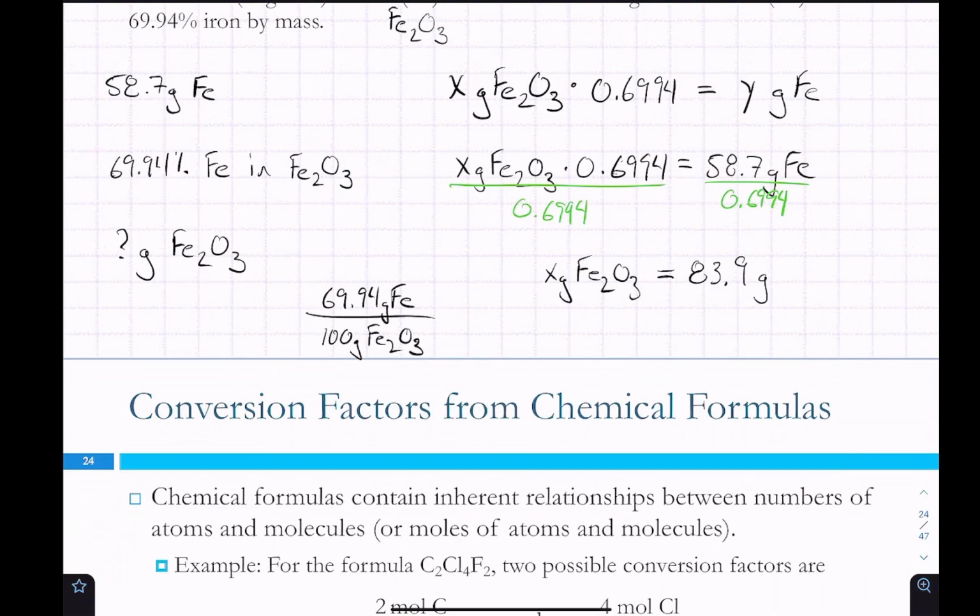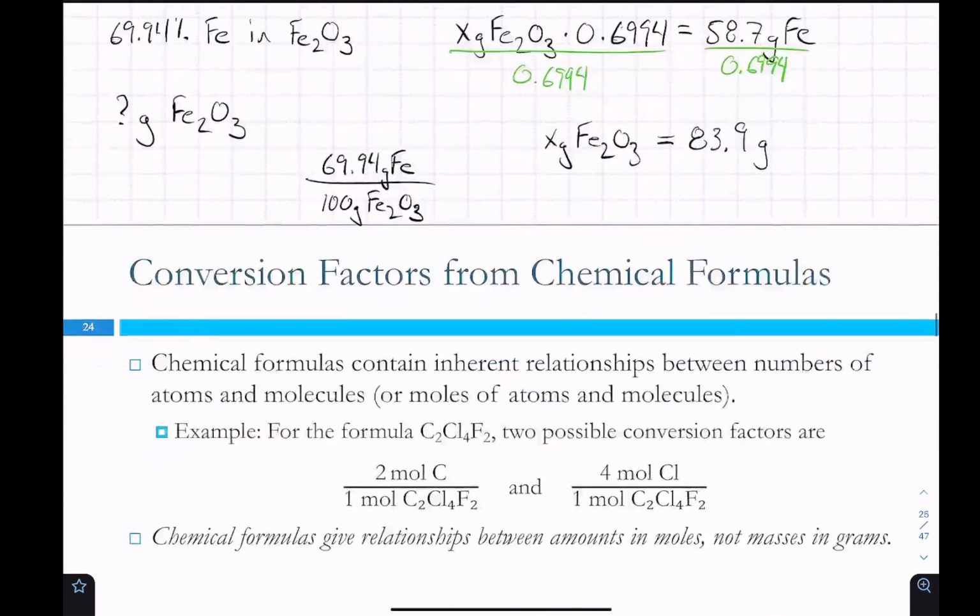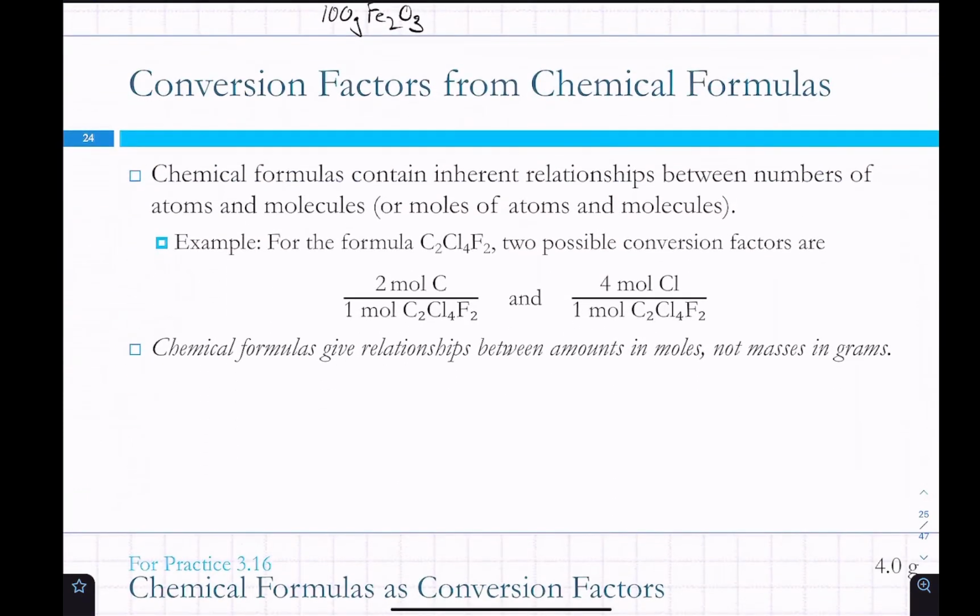Any other questions? No? All right, so we kind of touched on this a little bit on Monday when we calculated the number of molecules of some compound. I said how many atoms of oxygen are in that compound.